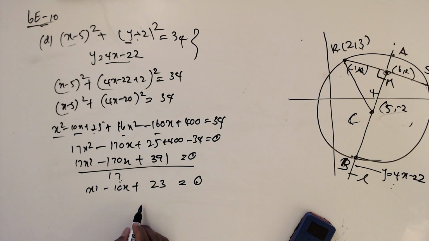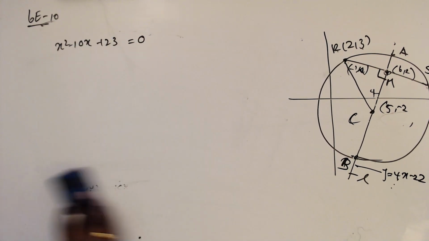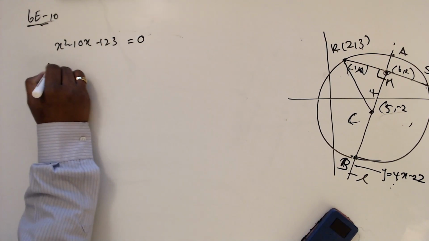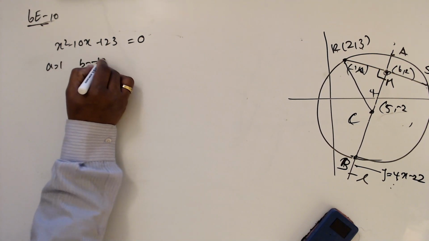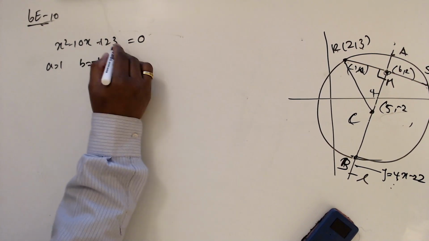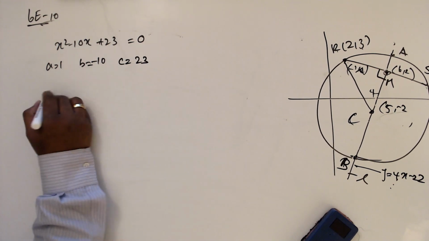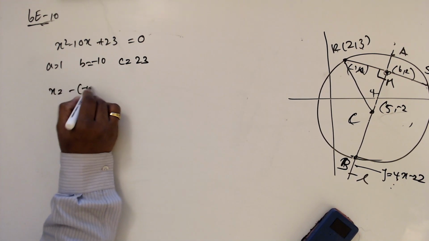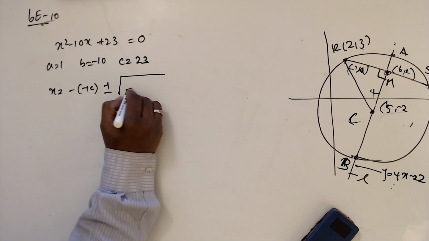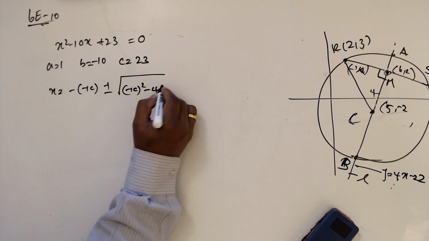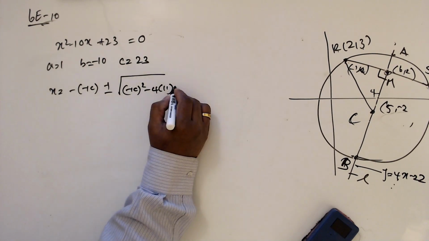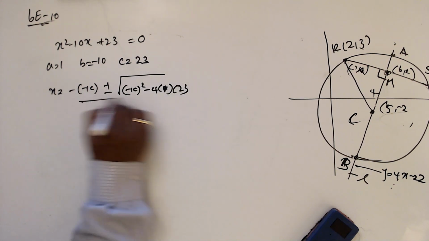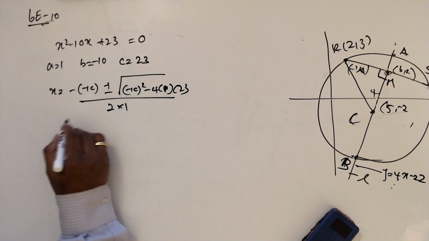Now we can't bracket. We have to use the quadratic formula. So a equals 1, b equals minus 10, and c equals plus 23. x equals minus b plus or minus the square root of b squared minus 4 times 1 times 23, divided by 2 times 1.